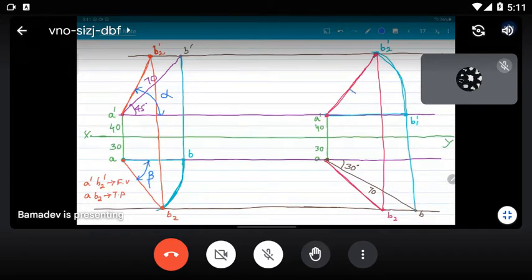Now tell me how much this angle will be? Beta. This will be same alpha. This will be same beta.